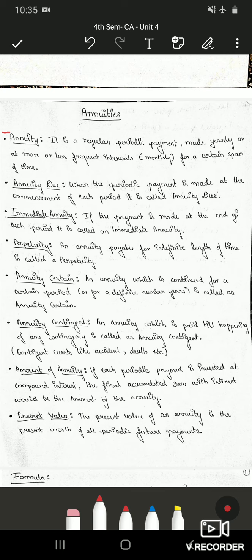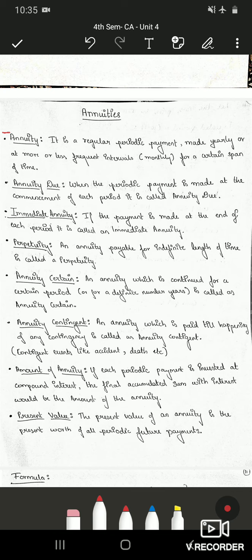It is a regular periodic payment made yearly or at more or less frequent intervals, for a certain span of time. That is called an annuity. You are going to make a regular payment of a certain amount, either yearly or monthly, for a certain period of time.